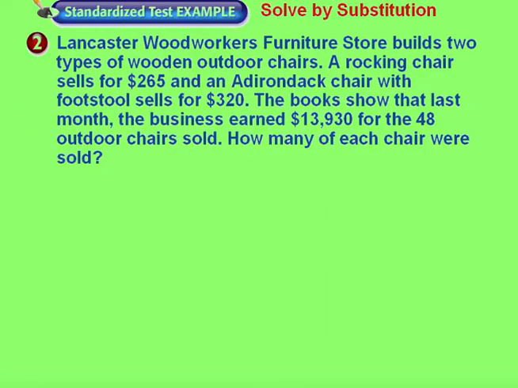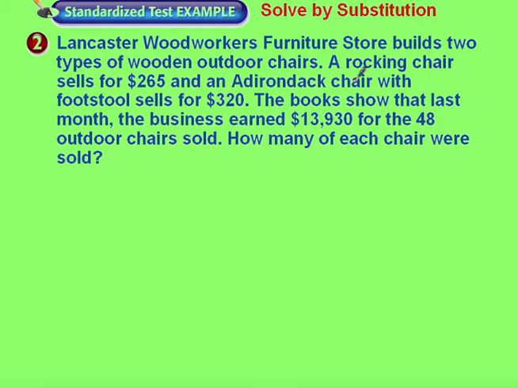All right, so let's try this real-life problem using substitution. We're looking at a furniture store selling two different types of chairs: a rocking chair that costs $265 and an Adirondack chair. If you don't know what an Adirondack chair is, it's those colorful chairs with the tall backs that you see at the beach.